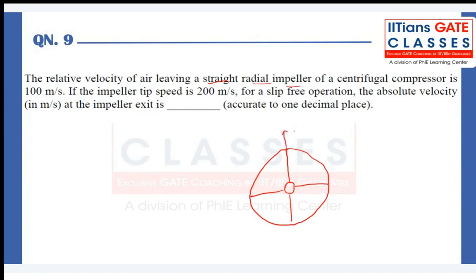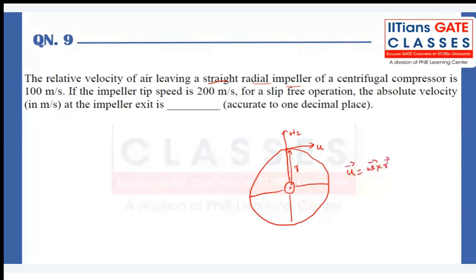So it is going to be W2 at the impeller exit, and it is also rotating with some velocity U at a radial distance R from the axis. So if I want to calculate, U is going to be omega cross R, right? That is how they are related.